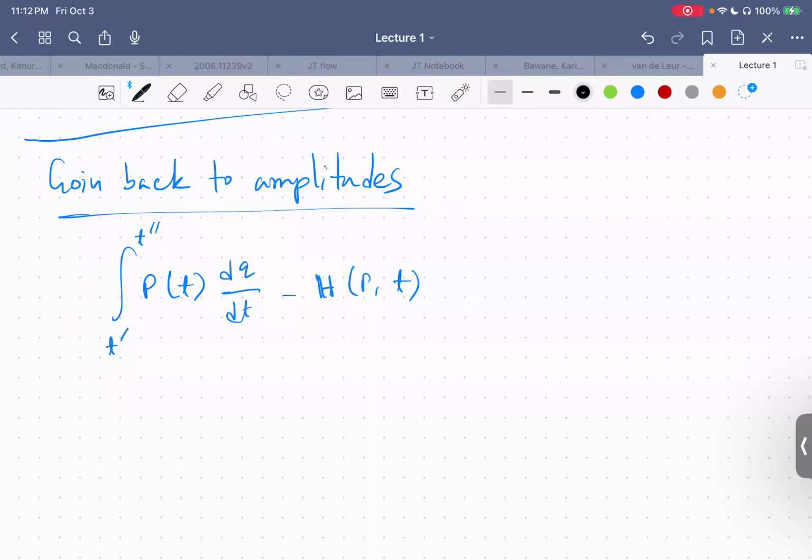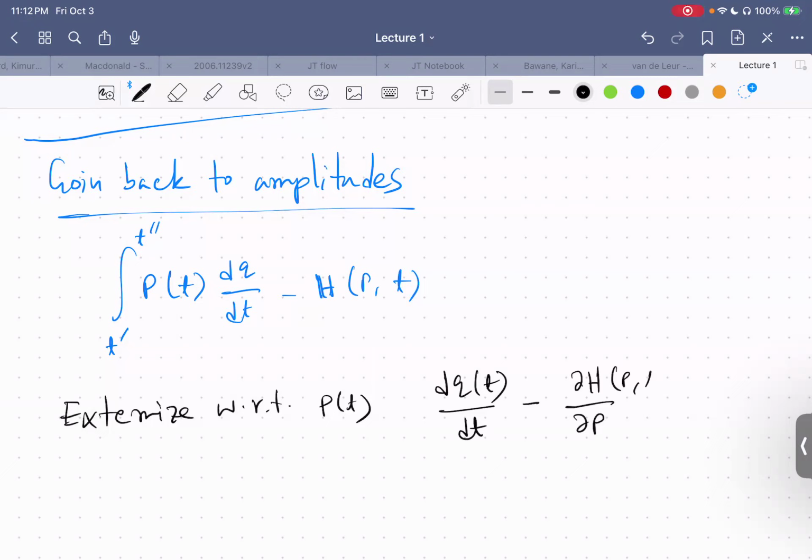So extremize with respect to P of t, and that gives you the following expression, dq/dt minus ∂H/∂P, which is a function of P and Q, equals 0. So this is the equation that you get.